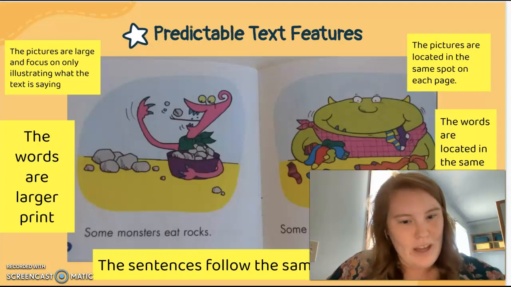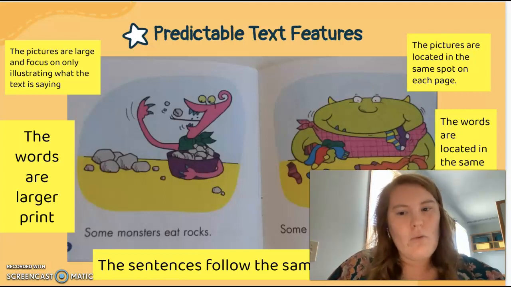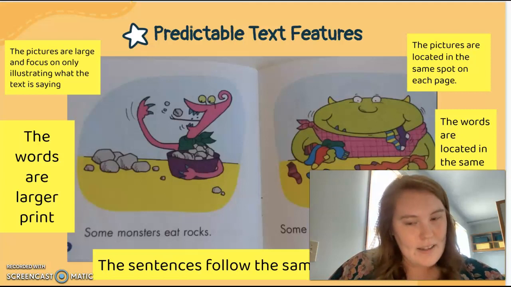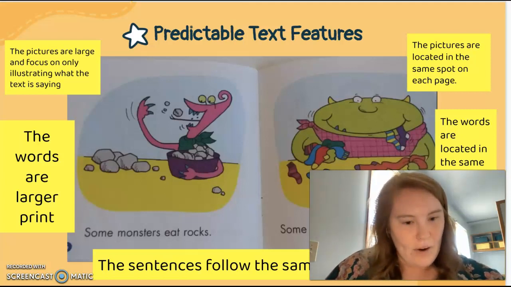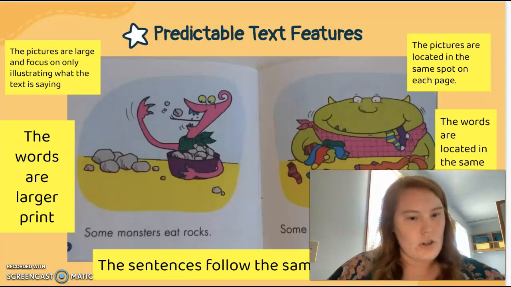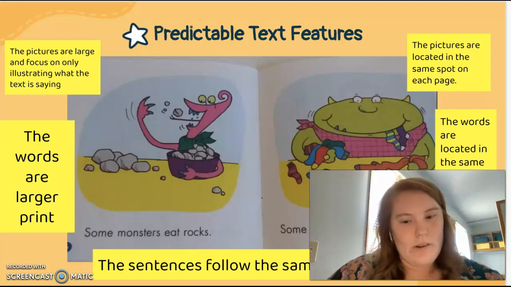And I want the pictures to really illustrate exactly what the text is saying, without so much extra going on in the background that it distracts from what the words are actually saying. So this is one reference that I thought would be good to have to select specific books that will work really well with my students.